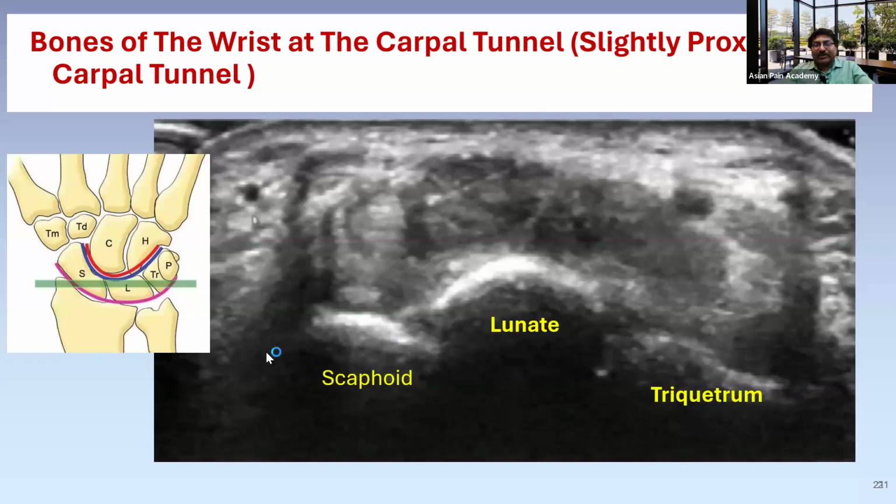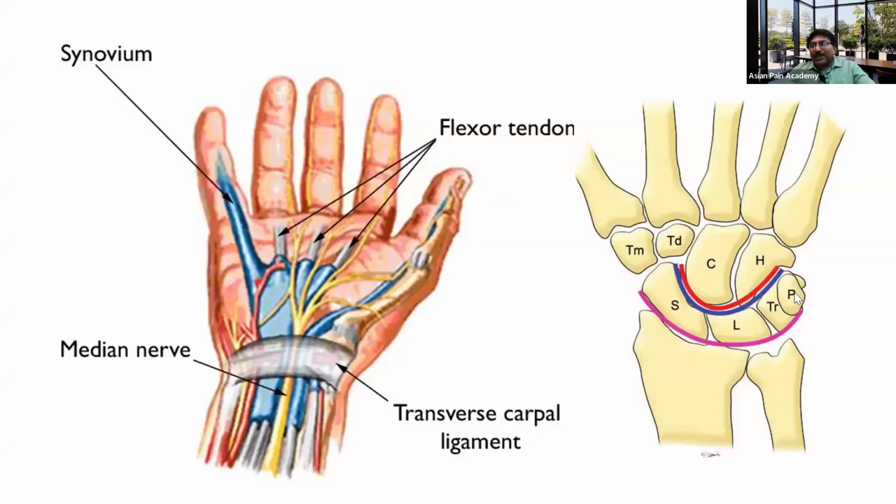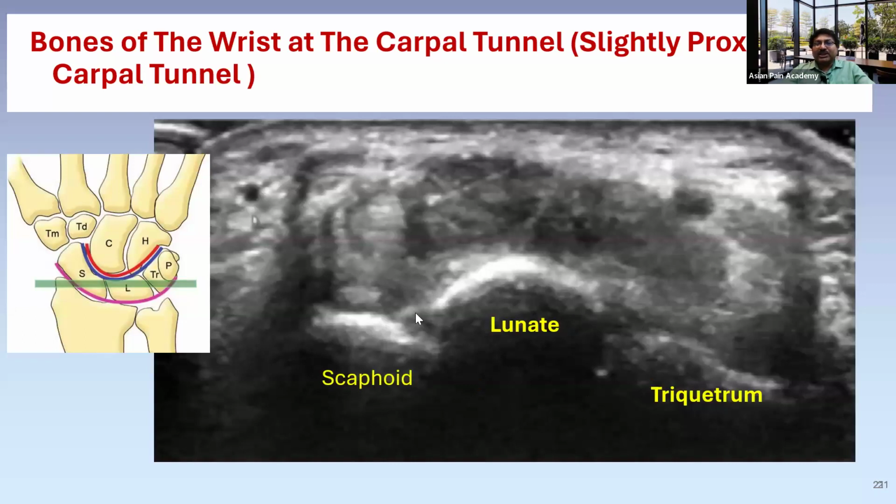That means on one side it will be the scaphoid, in the middle the lunate, and on the other side the triquetrum. But you will not be able to see the pisiform in the same view. So in the proximal carpal tunnel, how to understand this is by seeing the lunate, as it is a very prominent bone there.